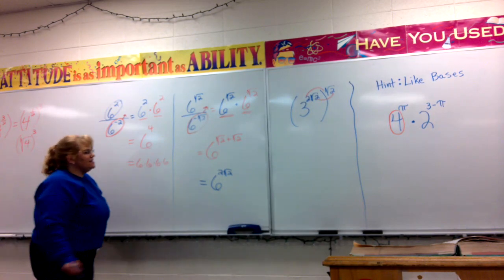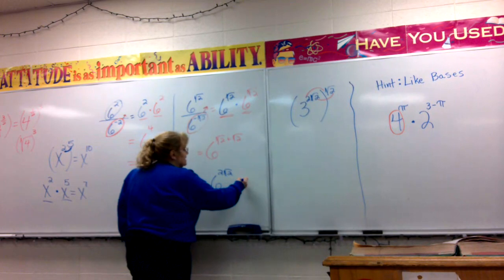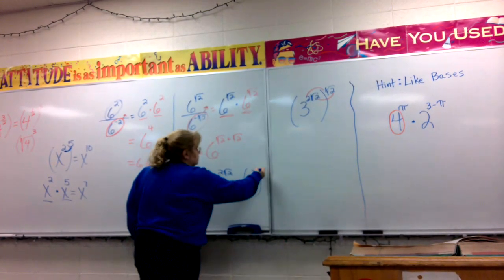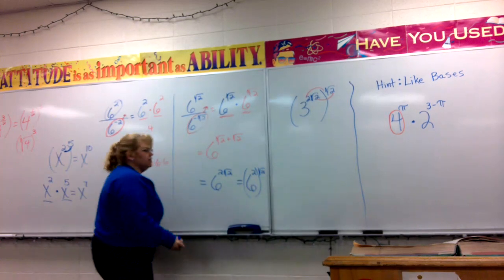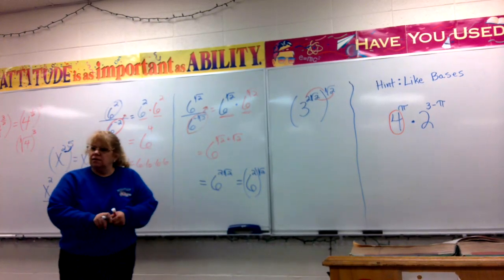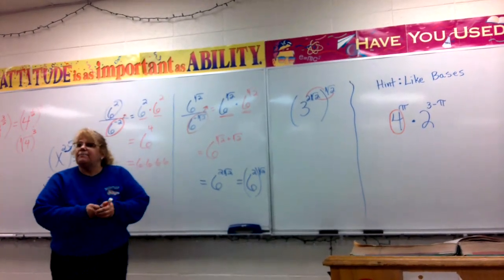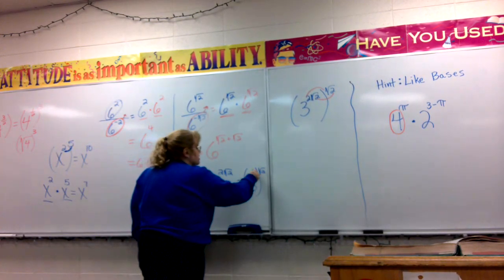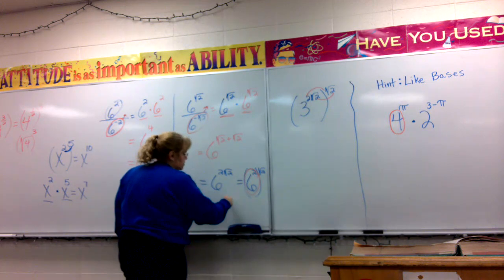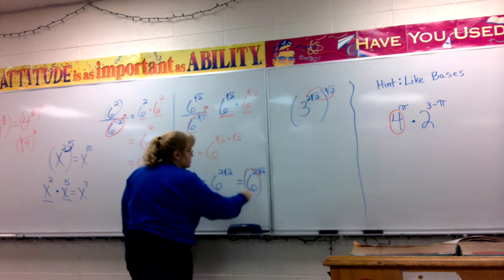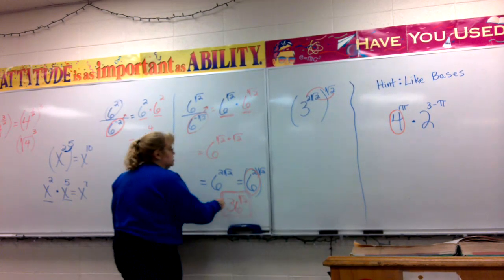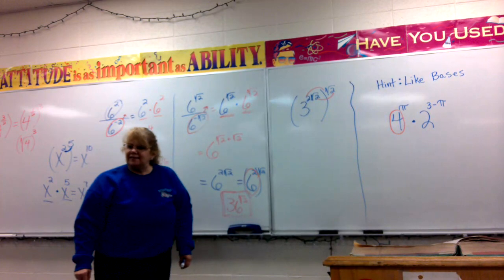Well, we're going to break this down. Can I break it down like that? What is 6 squared to the square root 2? And that would be my final answer. Make sense?